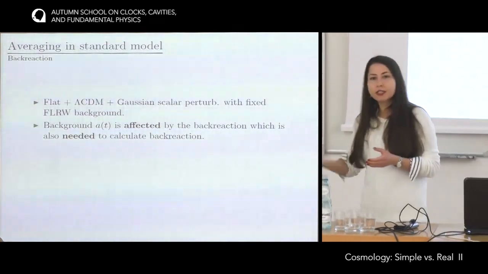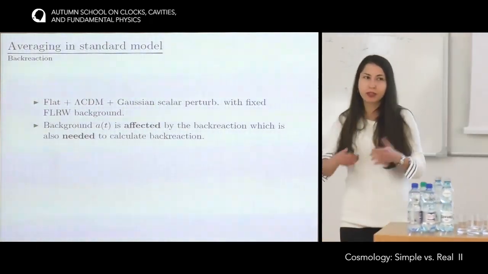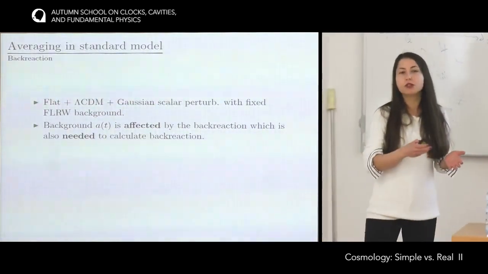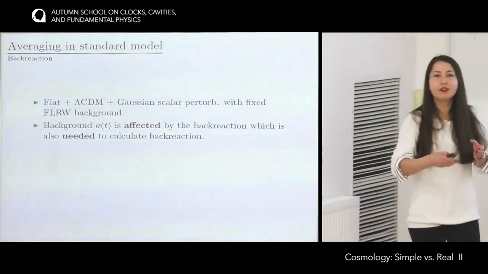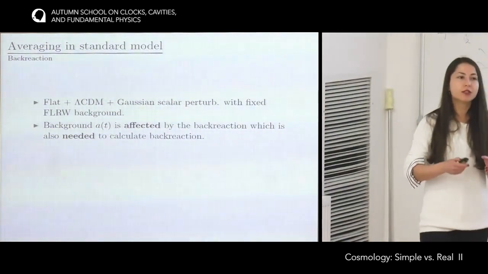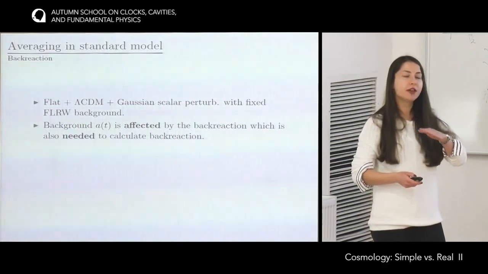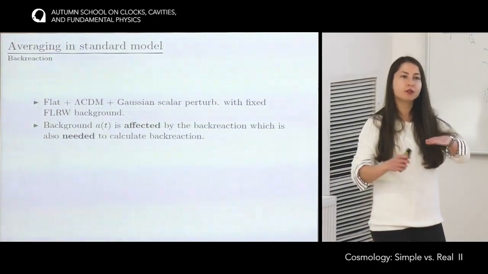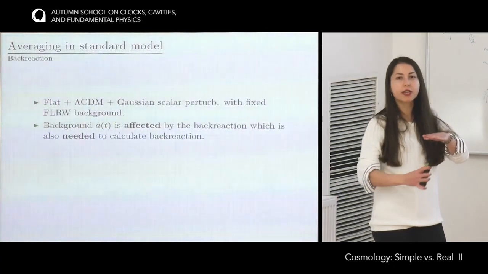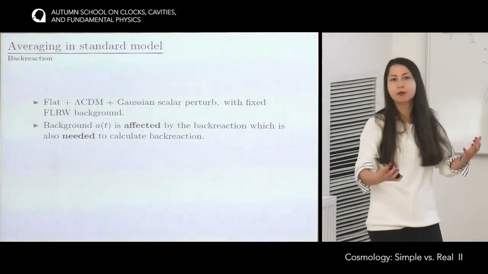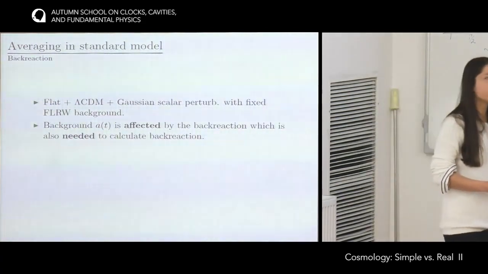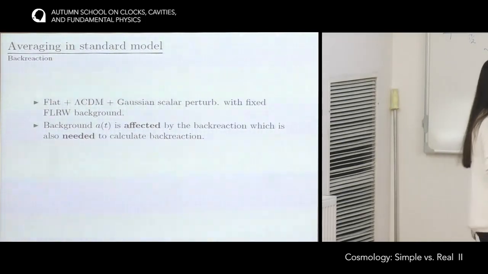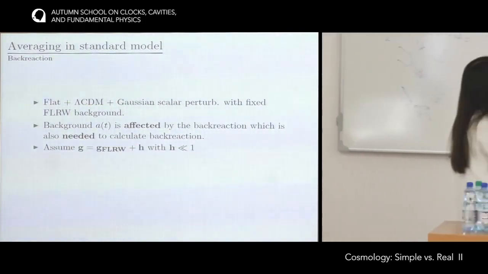That is both affected by the averaging procedure, but you also need it to define the averaging procedure. So it's tricky because the fact that you are fixing your background, you're not allowing your back reaction terms to change your background, gives you a wall to hit, really.